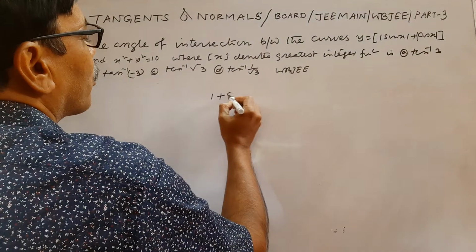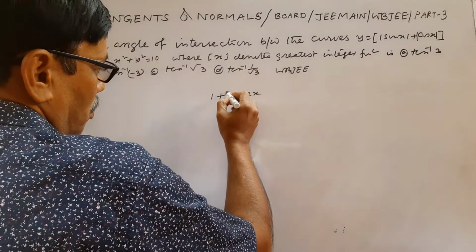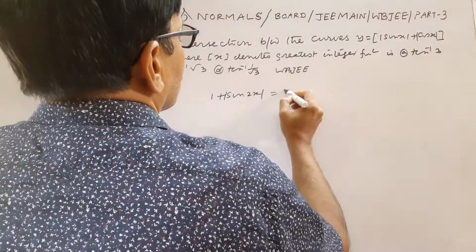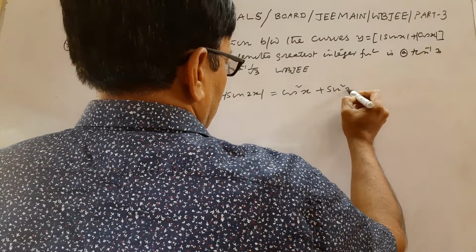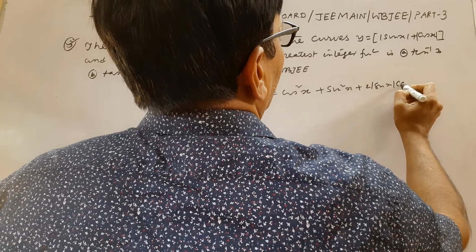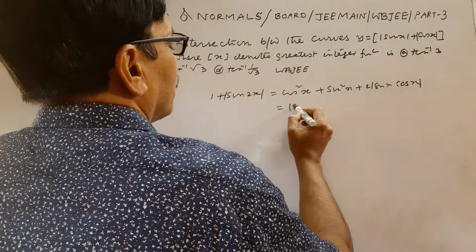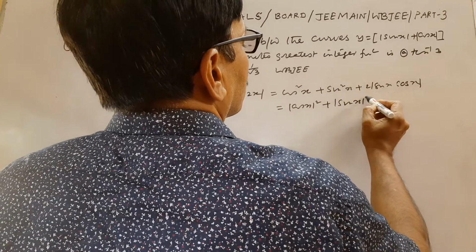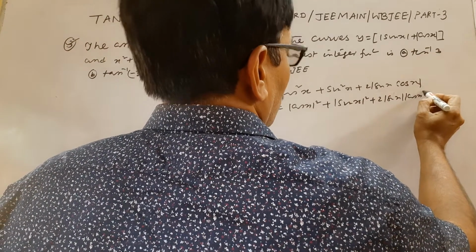Now 1 plus mod sin 2x. So this is cos square x plus sin square x plus 2 mod sin x into mod cos x. So we can write it mod cos x whole square, mod sin x whole square, mod sin x mod cos x.